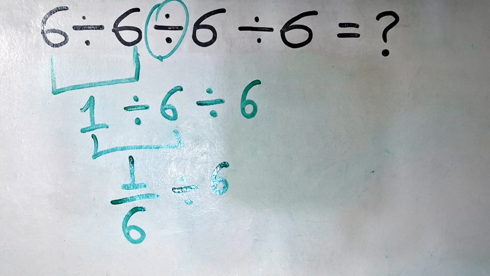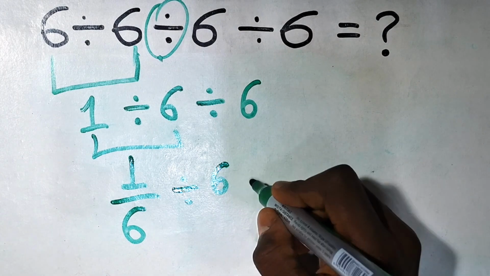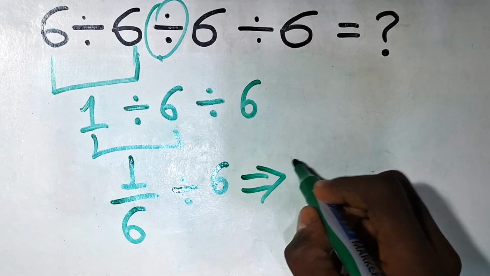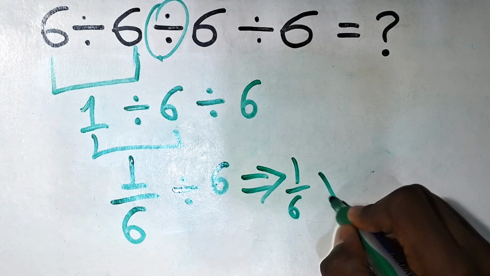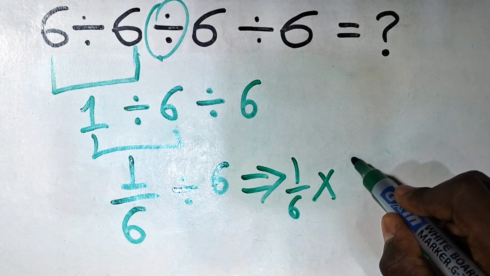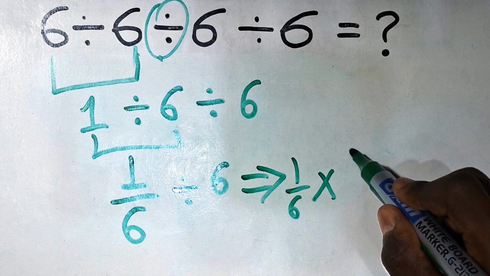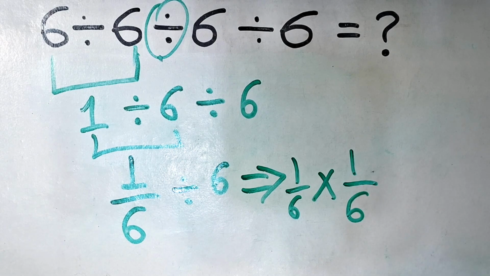So let's divide this. This will be 1 over 6 times what? 1 over 6 by the reciprocal rule.